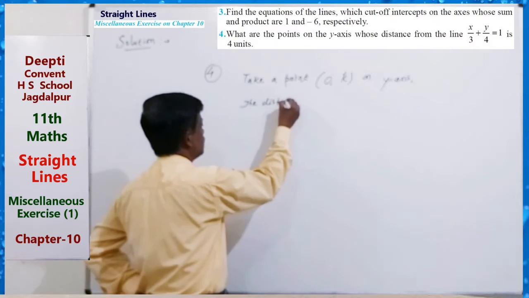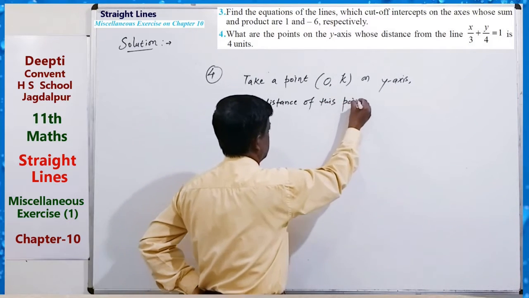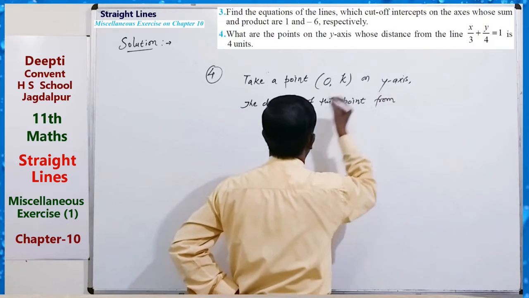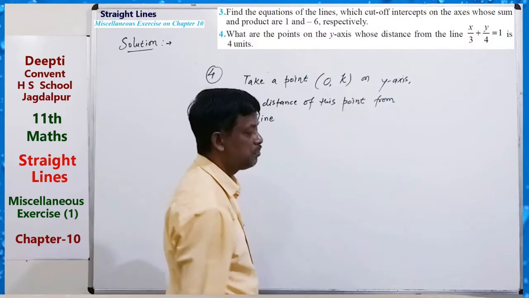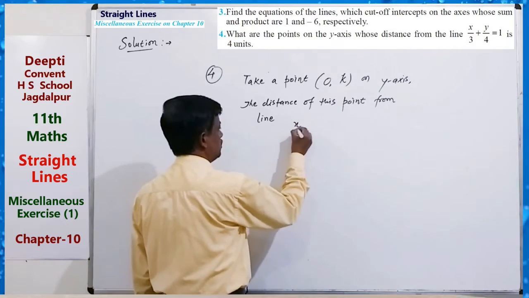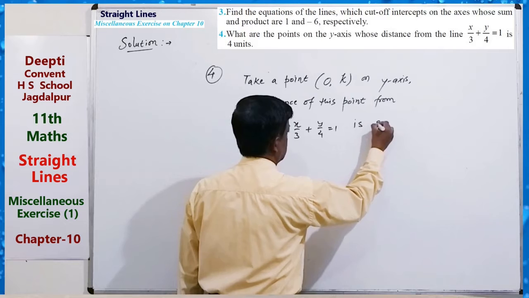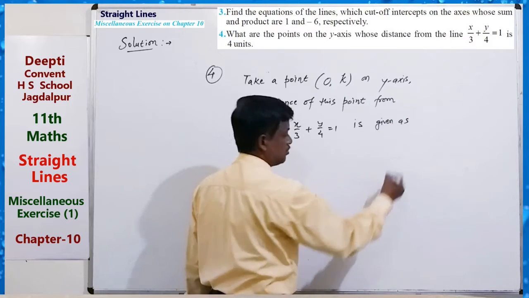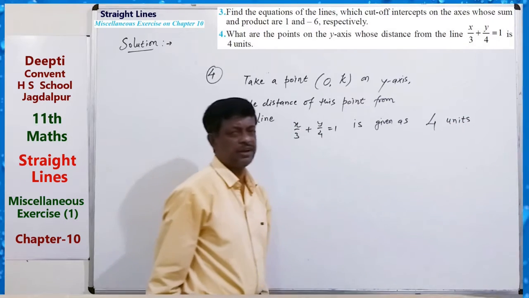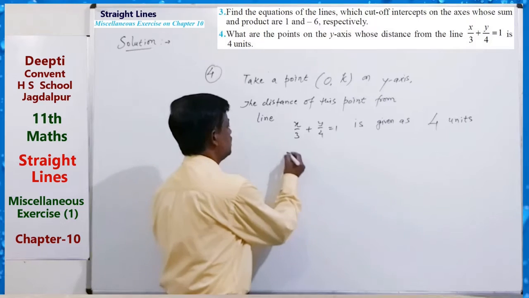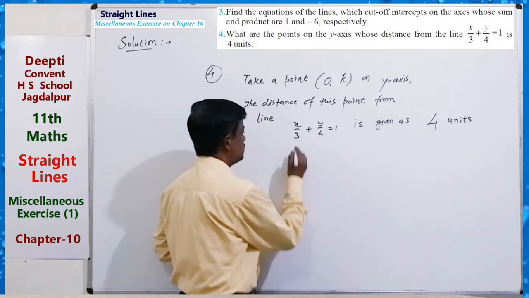The distance of this point from the line x by 3 plus y by 4 equals 1 is given as 4 units. So we can use the distance formula. The given equation of line can be written as what?